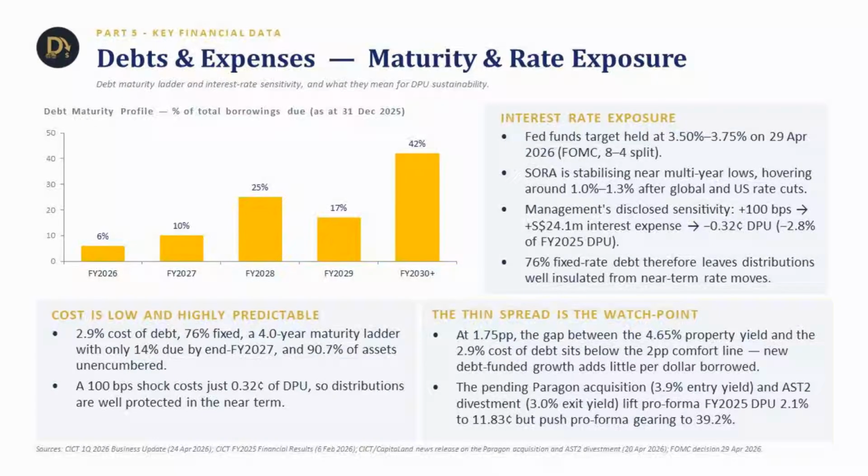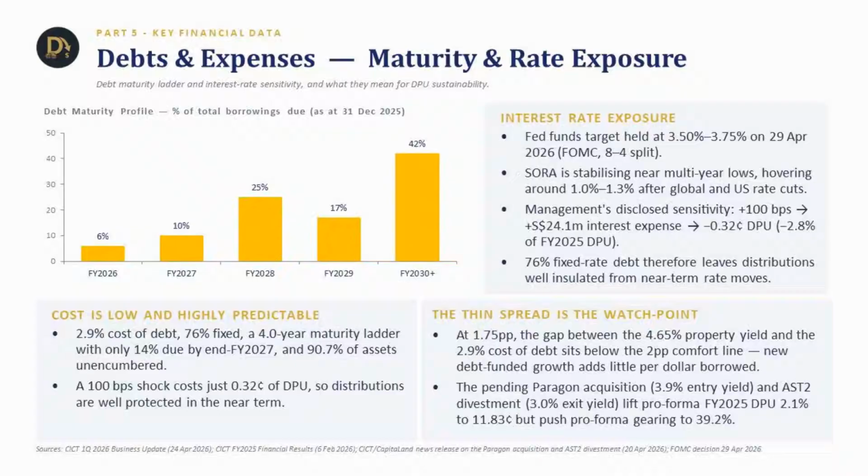But looking at the corresponding balance sheet impact, the total capital required for this swap pushes the pro forma gearing ratio up from 38.5% to 39.2%. Right, because the absolute capital required to acquire Paragon exceeds the proceeds from divesting AST2. The difference must be funded with new debt, which mechanically drives the overall gearing ratio up, consuming some of their debt headroom.